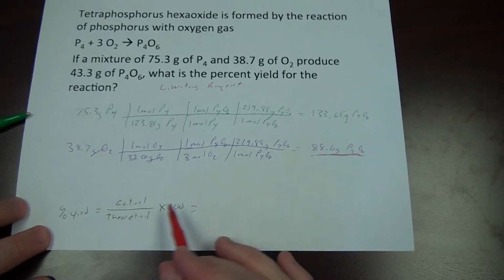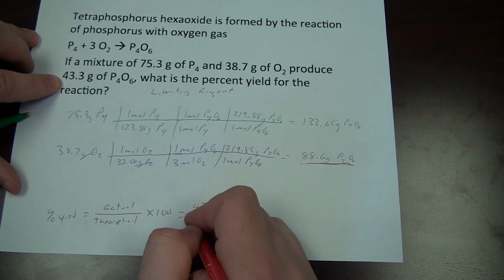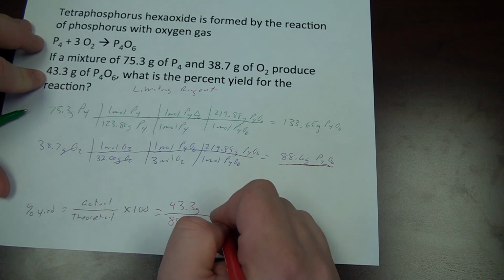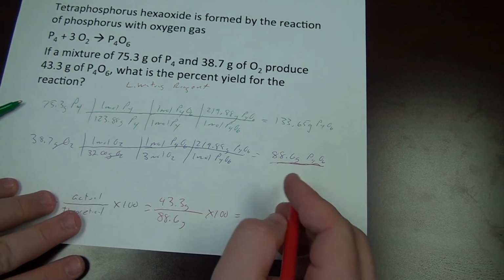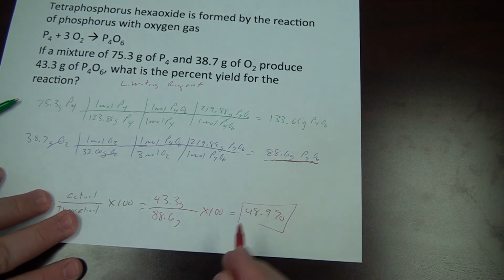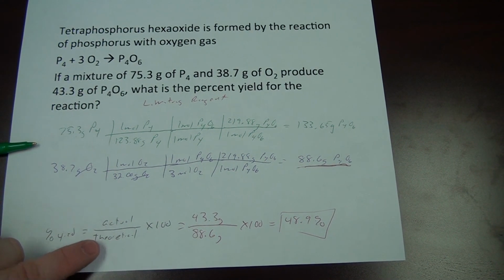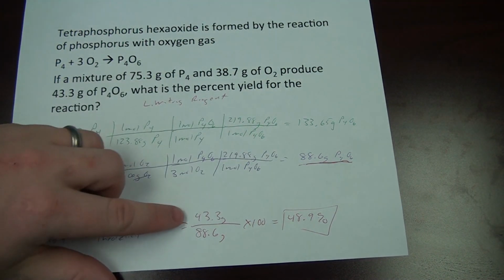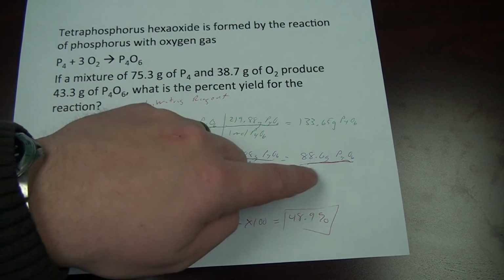So to calculate our percent yield, we're going to take our actual 43.3 grams divided by what we should get in theory, 88.6 grams, times 100 to give us a percent yield of 48.9%. Right? So in this process, we calculate the theoretical yield based on the limiting reagent, the smallest one that can be produced, divide that into what we actually produce, and multiply it by 100 to get a percent.